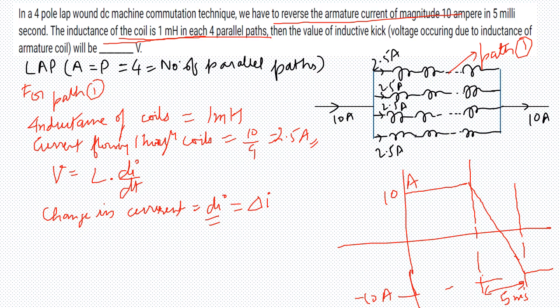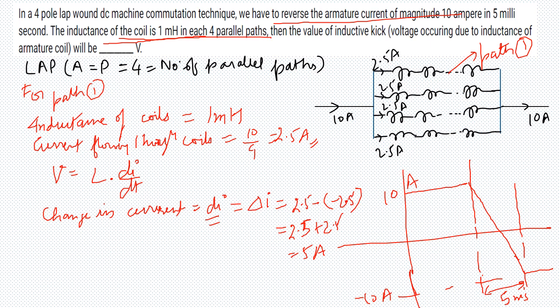Let's say it's linear, so delta I will be equal to 2.5 minus of minus 2.5, because the end current has to be minus 2.5. So this will come out to be 2.5 plus 2.5, which will be 5 amperes.